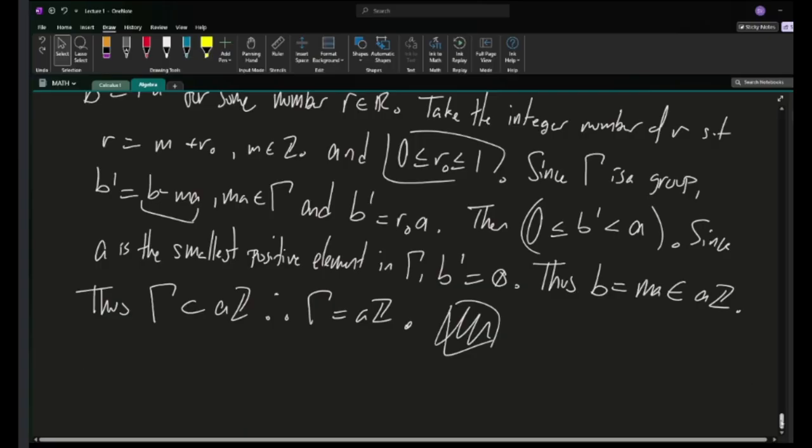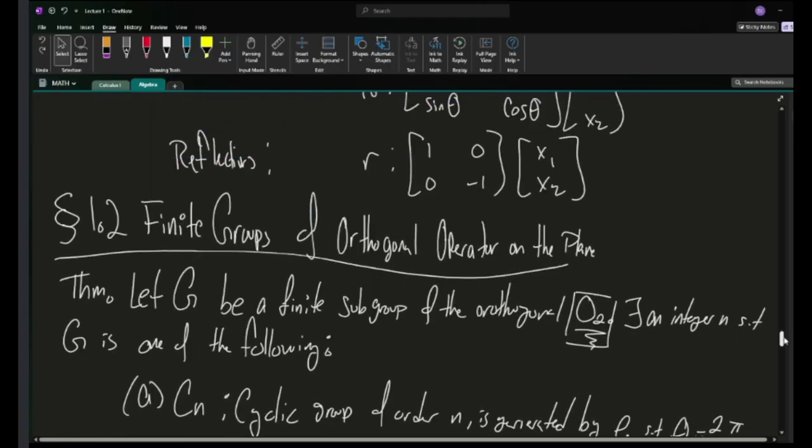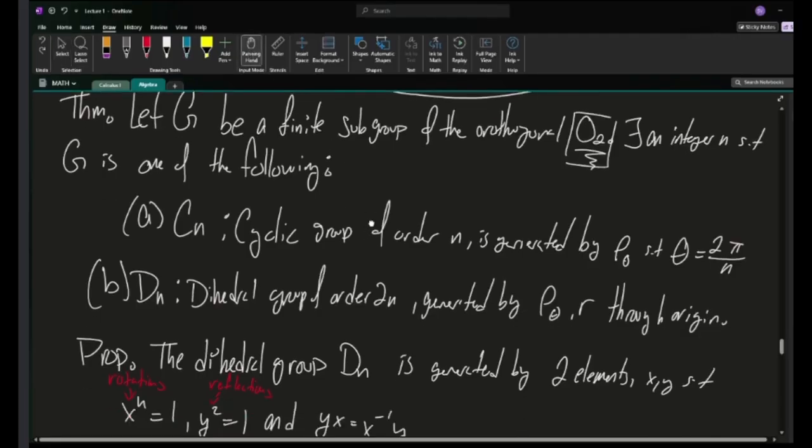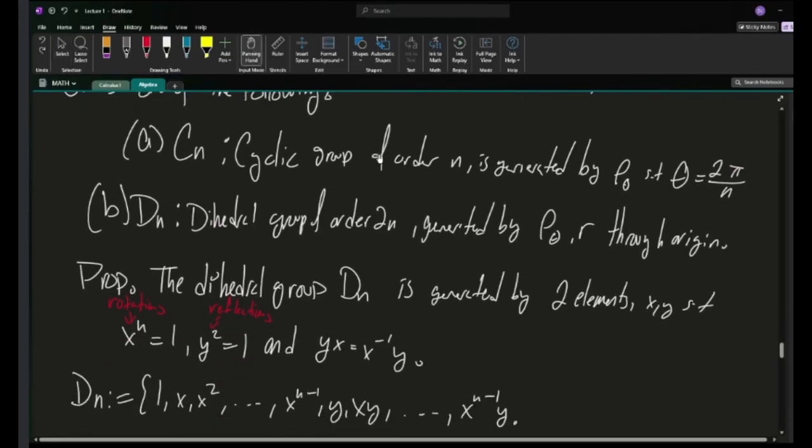What we're trying to prove is the theorem back up here, which says that if G is a finite subgroup of the orthogonal matrix group O2, so we're working in two dimensions, then there exists an integer n such that G is one of the following, where n denotes the order of these groups.